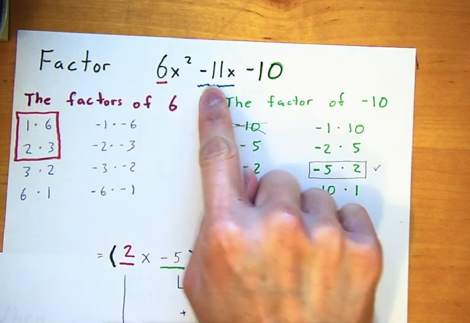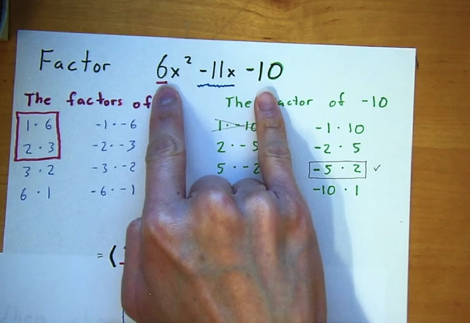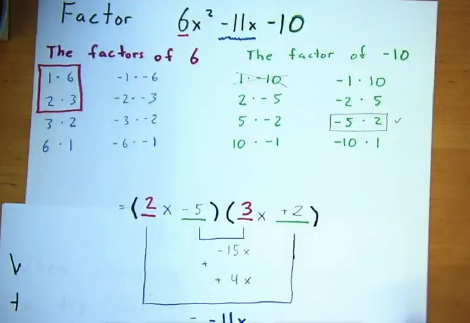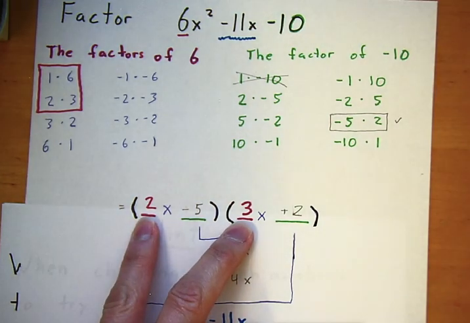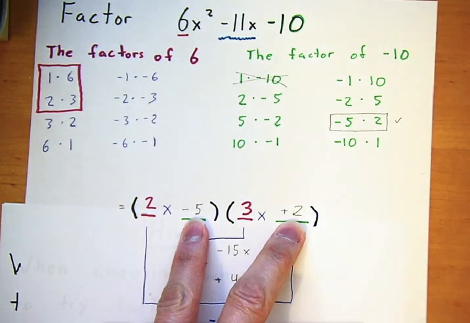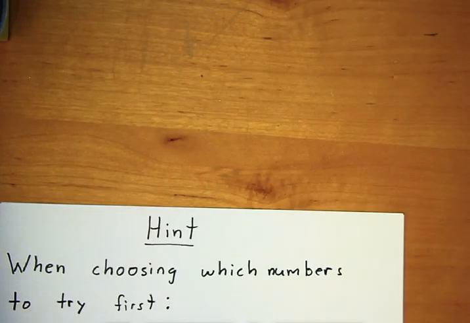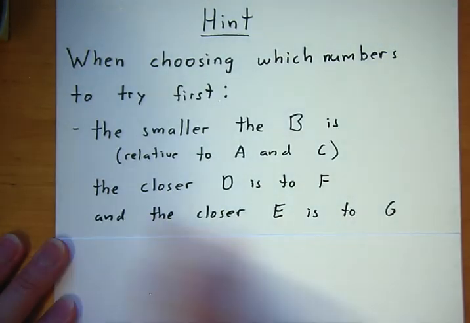The smaller this b is compared to these two numbers, the closer these two numbers will be to each other, the closer these two numbers will be to each other. That is basically what I meant here.